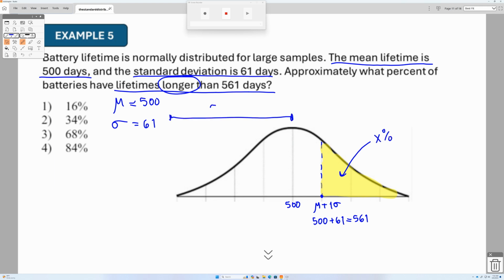On the left side of the mean, there is 50% of the data. If within one standard deviation there is 68%, then there is 34% from the mean to the first standard deviation to the right of the mean.